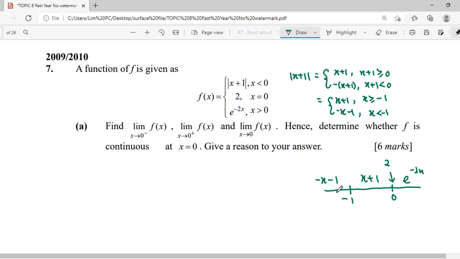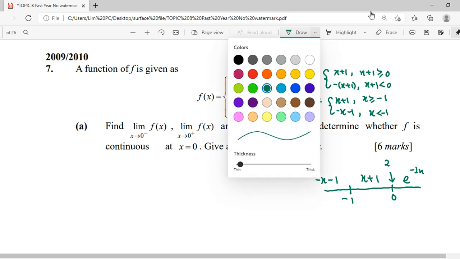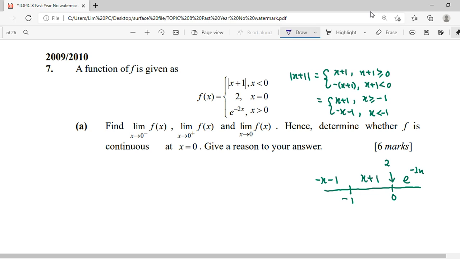So we can see for each part of the domain, we have a different function. After we see it clearly, then only we can answer the limit question. The question asks to find the limit as x approaches 0 from the left hand side.